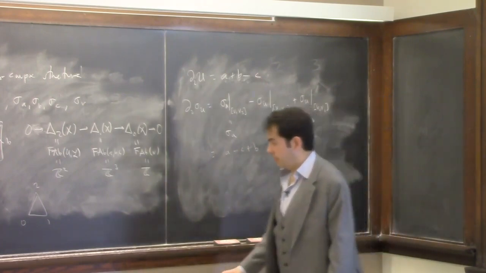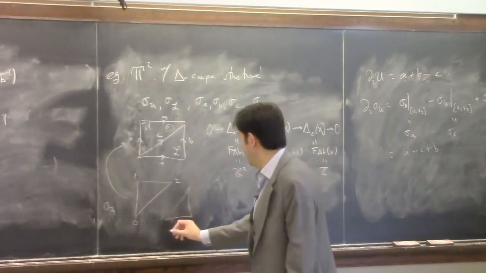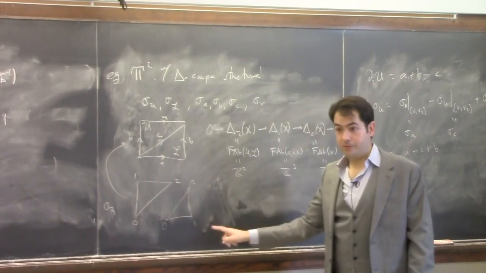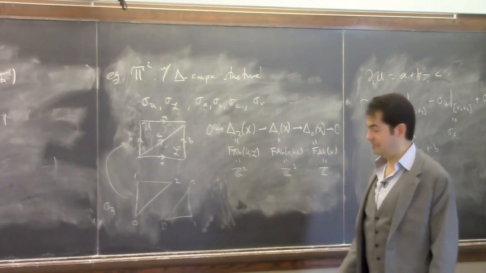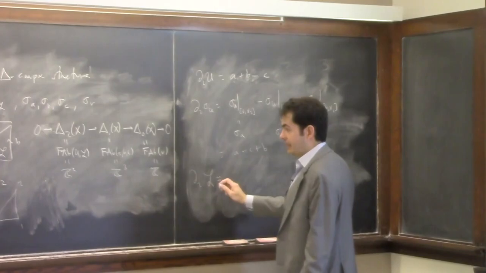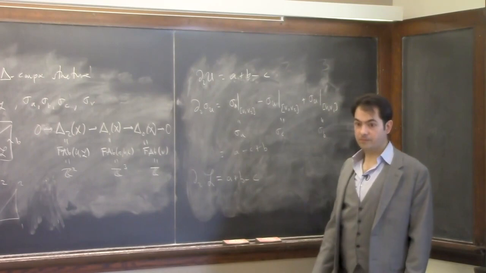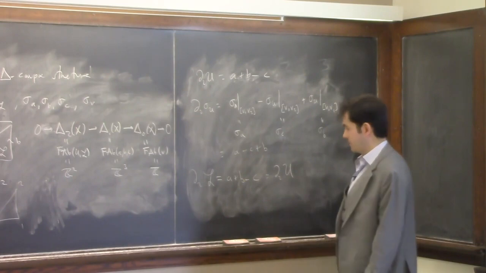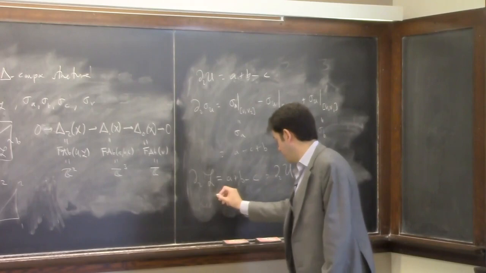On the other hand, for L, we had 0, 2, and 1. So this one is set up the right way. We can just look at it, go counterclockwise. So boundary 2 of L is going to be A plus B minus C. So the boundary 2 is the same for U and for L. That makes it easy to compute the kernel.